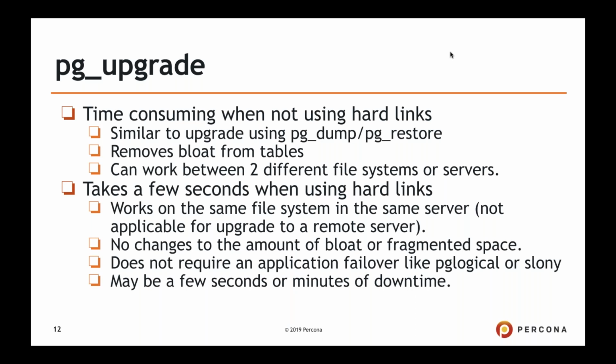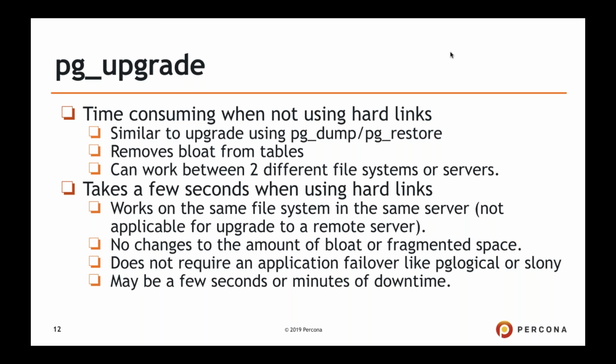So when you are not using hard links, the data will actually be copied over, right? It's not like a simple OS copy, it's more complex than this, but we are actually having a duplicated copy of the data in that server. So you need to have at least double the disk space available to replicate that data, right?